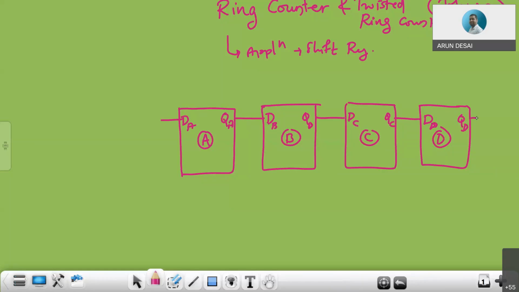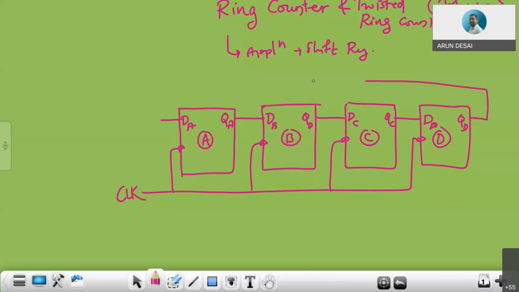In the case of a shift register, we apply the clock pulse to all the clock inputs. A ring counter is a special type of arrangement wherein the output of the last flip-flop is connected again as input to the first flip-flop.